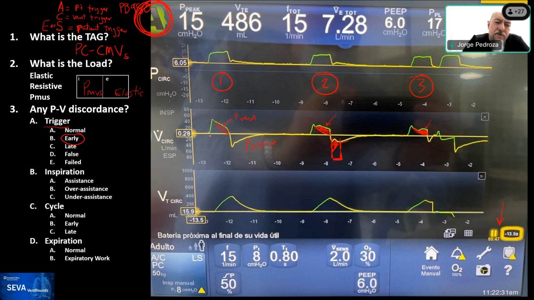Also, what we should try to see is where the inspiratory effort begins.